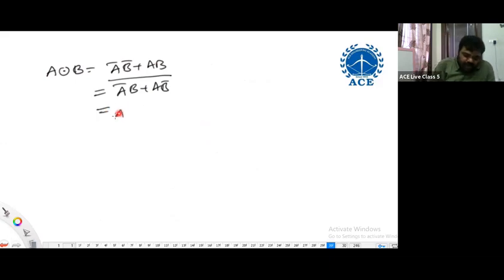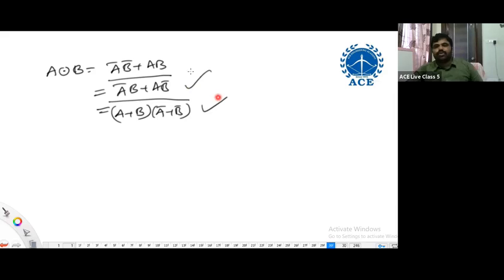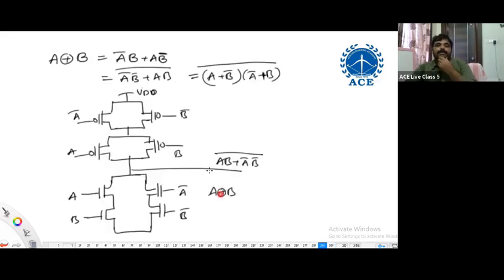That can be written as (A plus B) and (A bar plus B bar) whole bar. We can implement either this or this. Both use the same number of transistors. So if the minimum number of transistors is asked, then A bar, B bar also requires 2 plus 2, total 4 transistors.